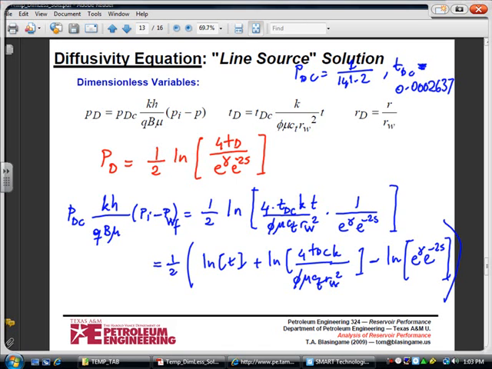I mean, if you are using hours, yes. But in our equation, if you are using field units, T is in hours, P is in PSI, and K is millidarcy. What else? R in foot.